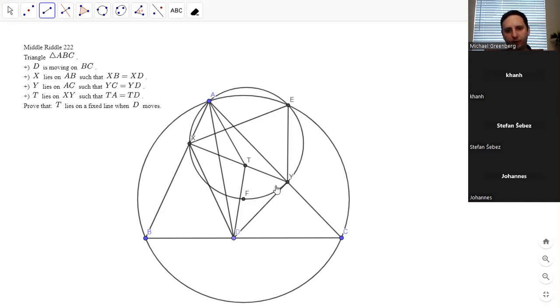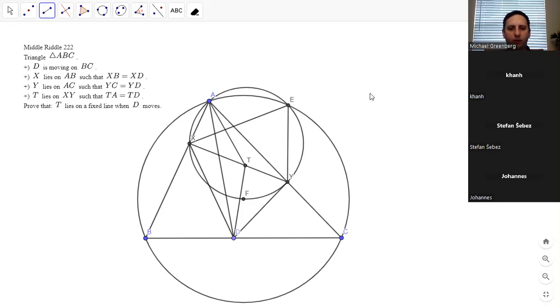But showing that these are the bisectors is probably just an angle chase. Angle EYX is 180 minus EAX. Well, let me think about that. It is easier to prove it when you take E as the reflection.